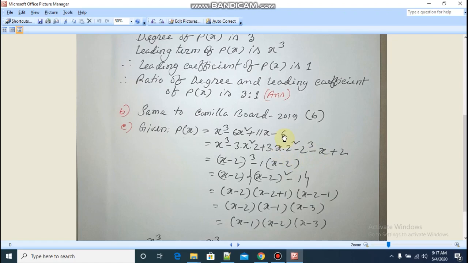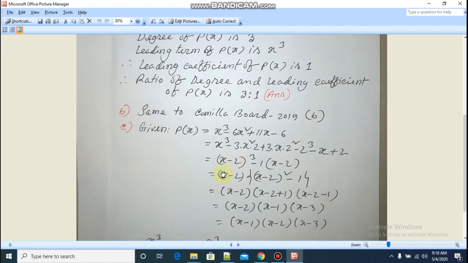This is minus 6, but this is minus 8, so we can write plus 2 for balancing. a minus b whole cube minus 1 x minus 2.